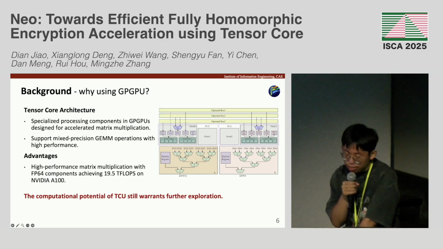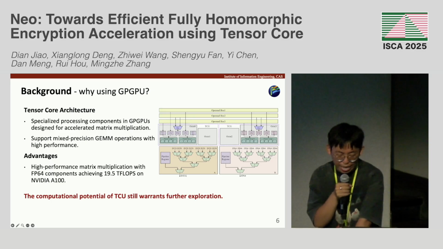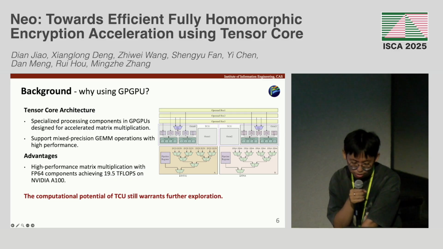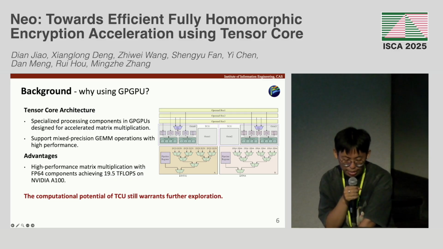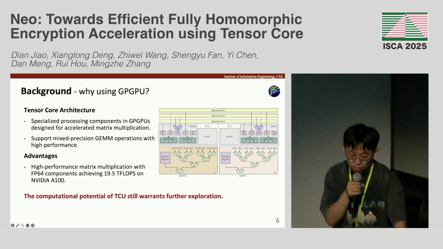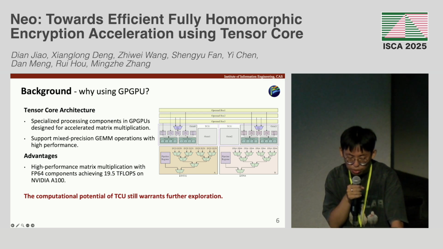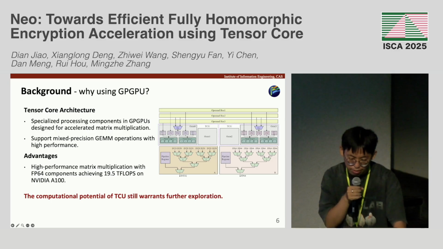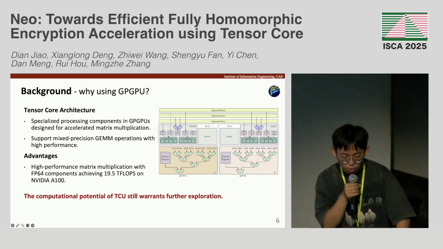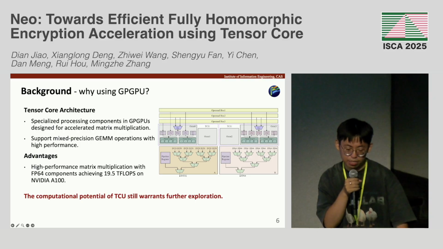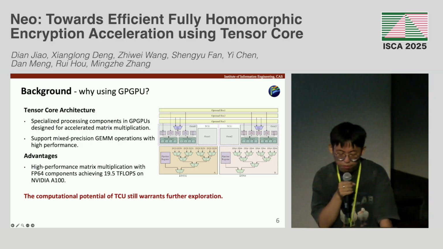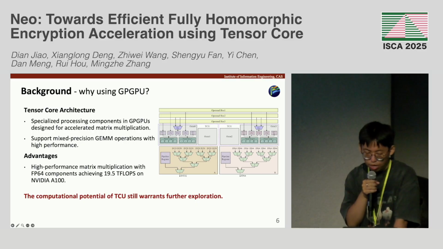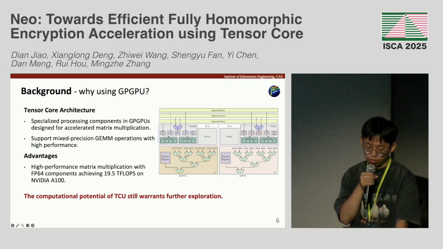NIO's design is closely tied to the Tensor Core architecture in GPGPUs. Tensor Cores, introduced by NVIDIA in the Volta architecture in 2017, were originally designed to accelerate matrix multiplication. In NVIDIA A100, the FP64 Tensor Core delivers a theoretical performance of 19.5 TFLOPS, more than double that of the CUDA cores.